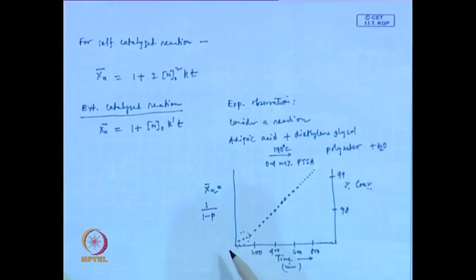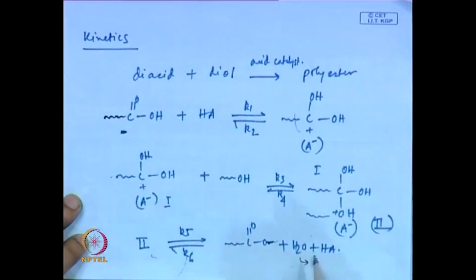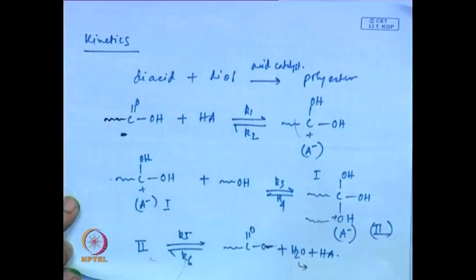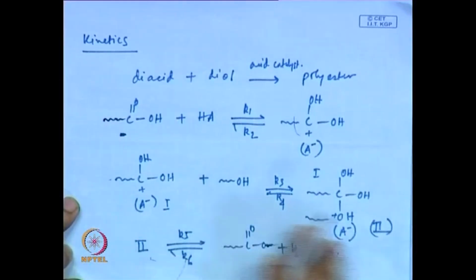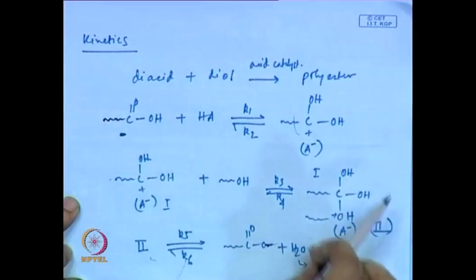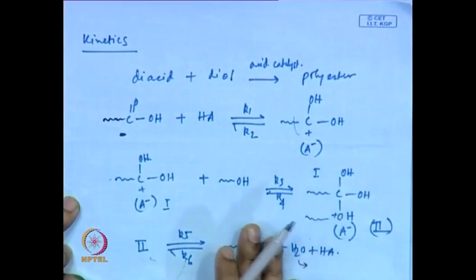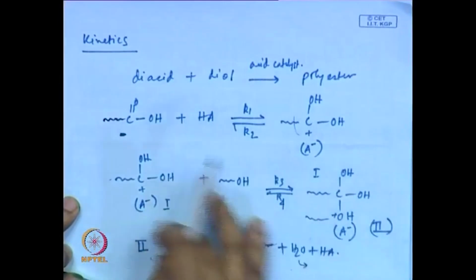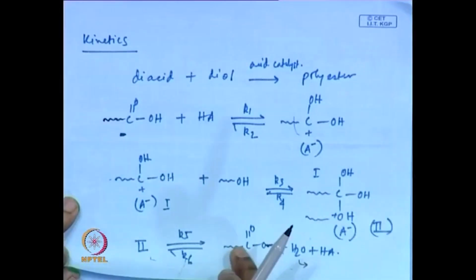And also we are taking out this condensate, this small molecule, so that practically the reaction is irreversible. So, we are taking out the condensate small molecule H2O in this case, to make sure that this equilibrium reaction happens almost irreversibly.